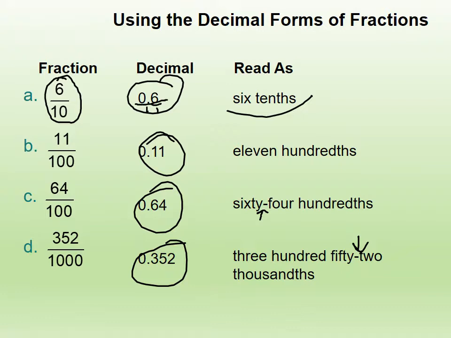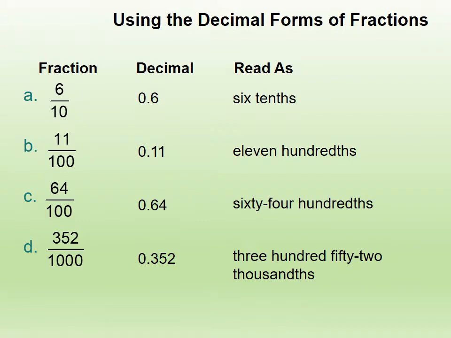Now, under that 6, put a 0. That's tenths. And if you move down to the 11, the 1, 0, 0, that's hundredths. So you put a 1 underneath the decimal, and then you put the zeros, which tells you how many place values. That's actually a really good trick. That's more of a visual trick, which is good. I like that. I've never heard of that before, so good job.